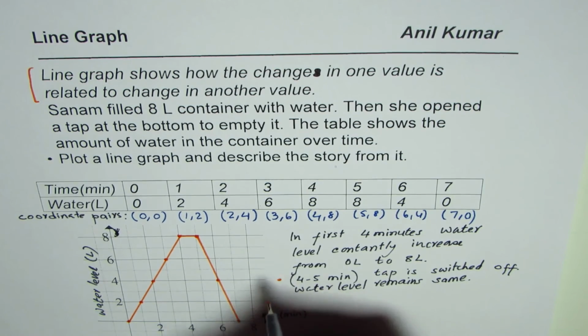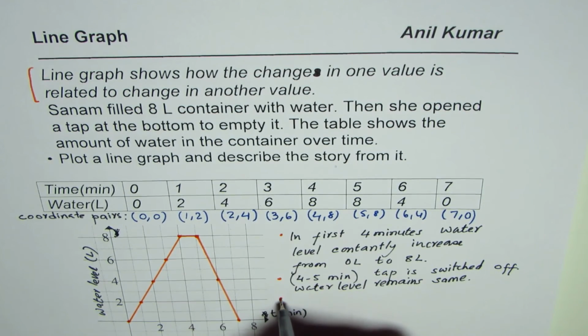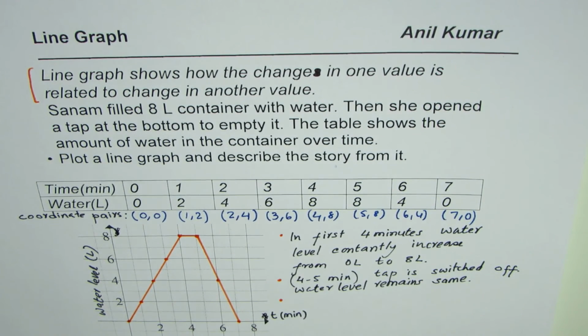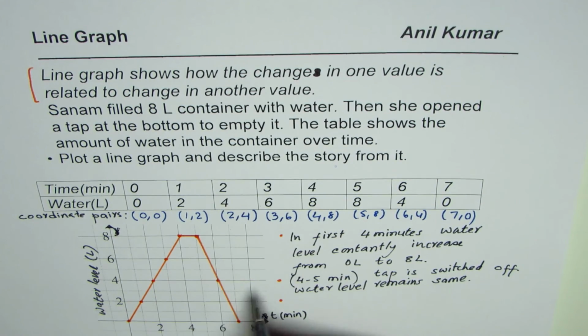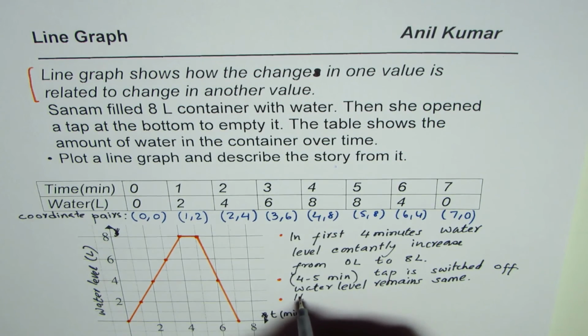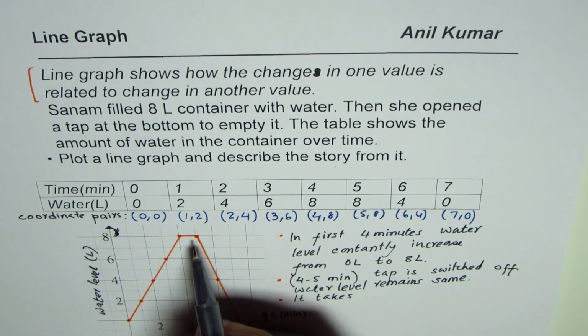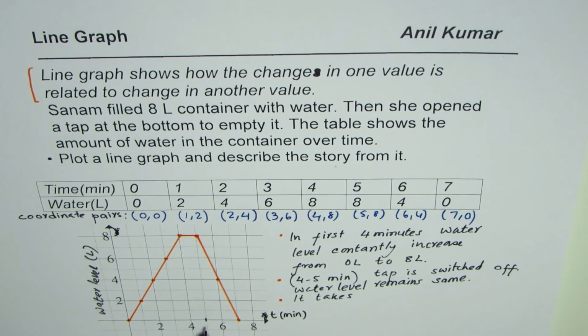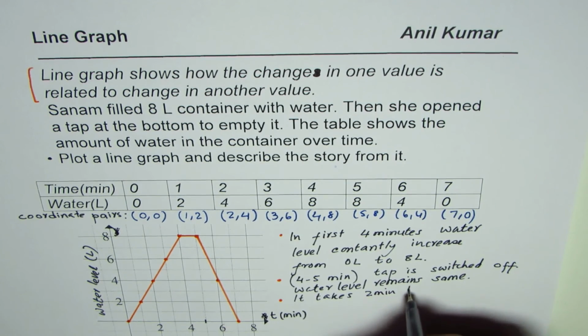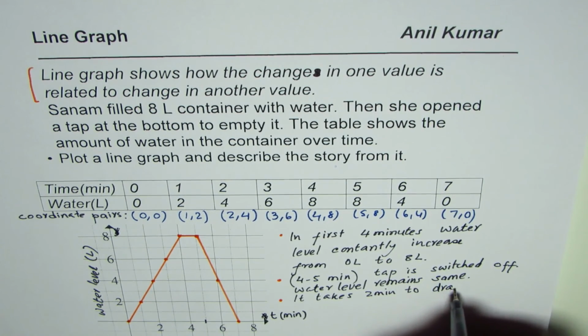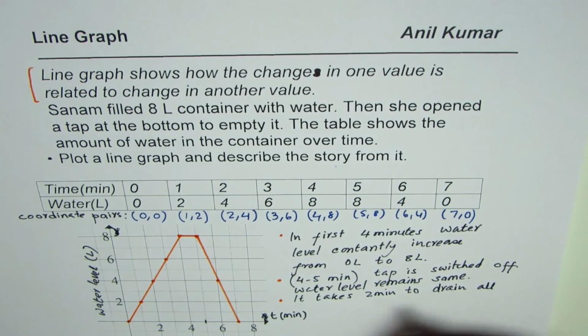So that happened in the next step. And then the water is drained from the bottom. How long does it take to drain all the water? From 5 to 7, 2 minutes. It takes 2 minutes to drain all the water.